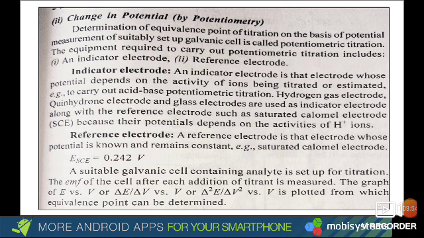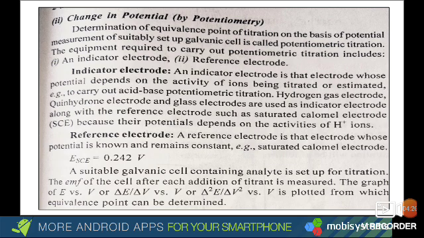So during this potentiometric titration, you have to do a simple setup. The setup is the same, you will have a burette and you will have a pipette, but instead of a chemical indicator you have to use a potentiometer as an indicator. It will show a sharp potential change at your equivalence point.